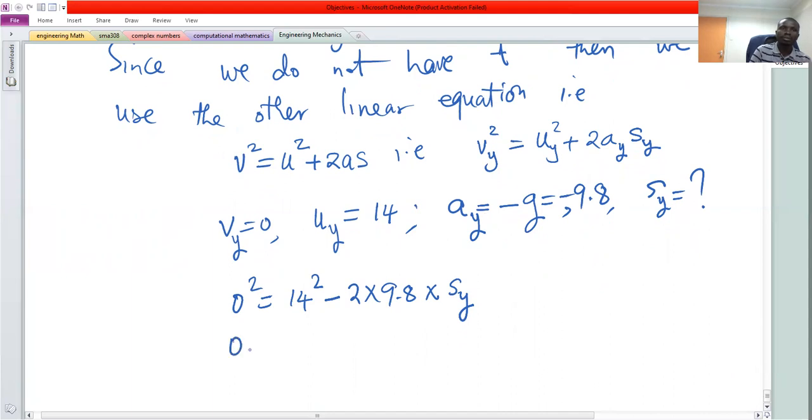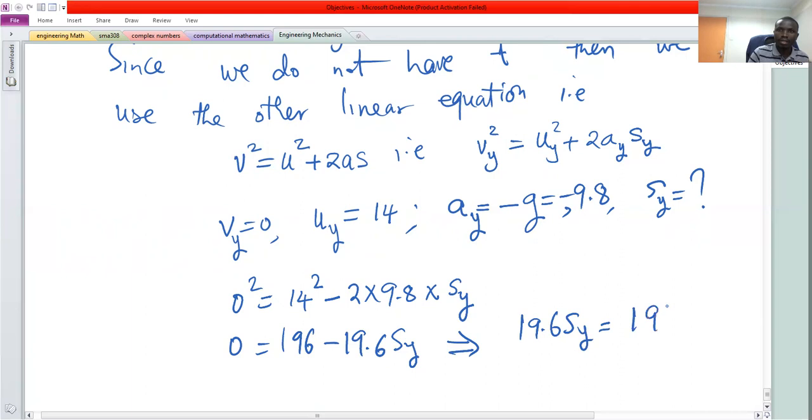So this will be 0 equals 14 squared, which is 196, minus 2 by 9.8. That's 19.6 sy. So it tells us that 19.6 sy equals 196.